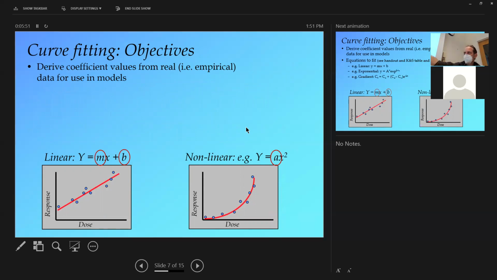In linear regression, we've observed a relationship in which some variable is exhibiting a linear response to some other variable. What we're interested in doing with regression is calculating the value of the slope of that line and the y-intercept of that line. So the m and the b in that equation.